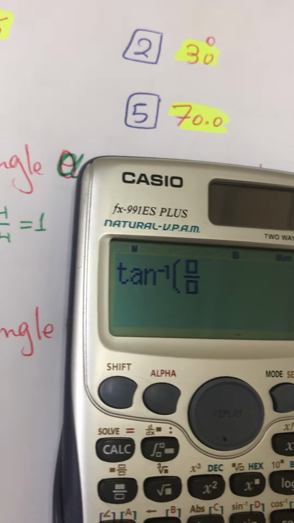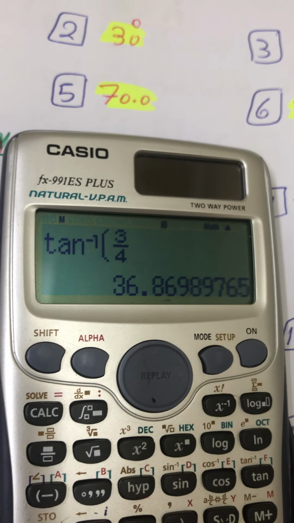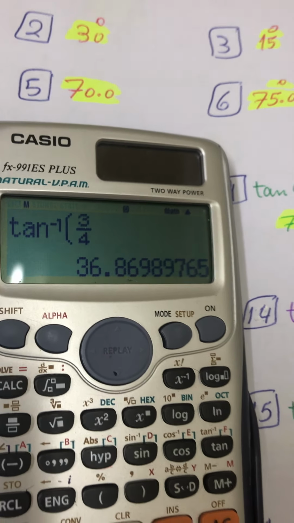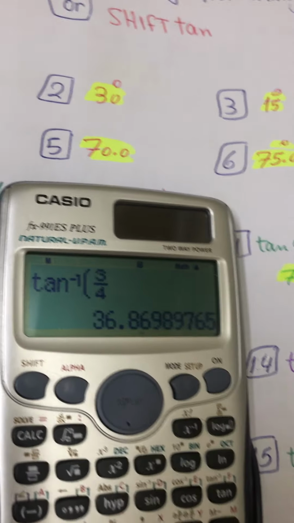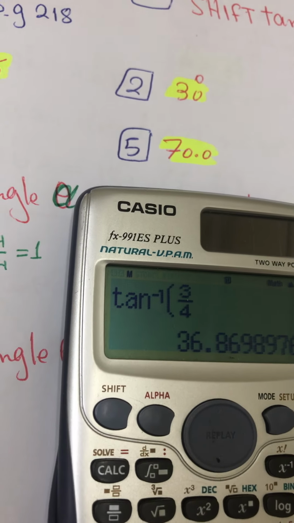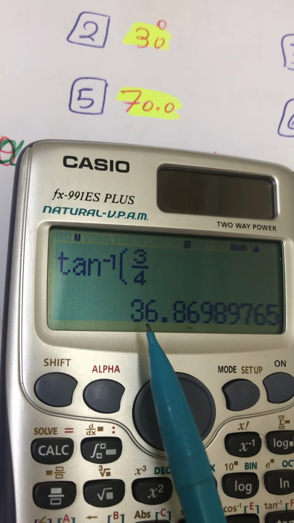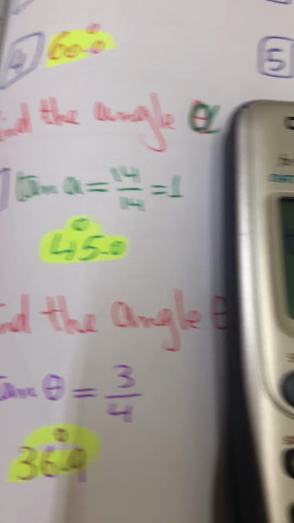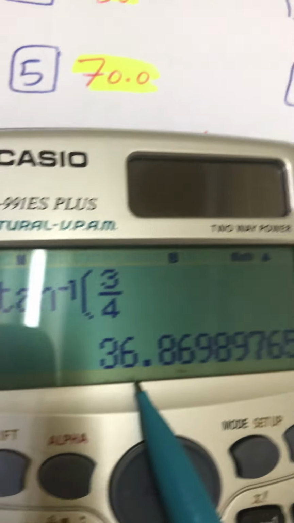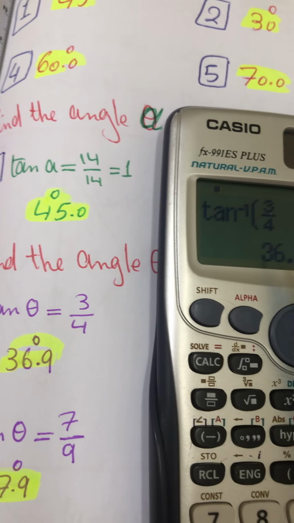As you see, tan inverse 3/4. Equal, 36.86. He asked to write 3 significant figures, so it will be 36.9.